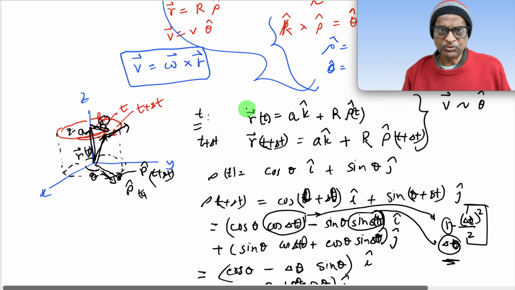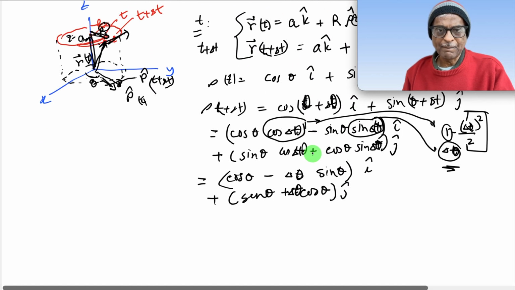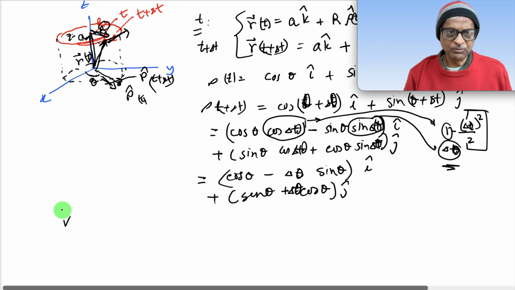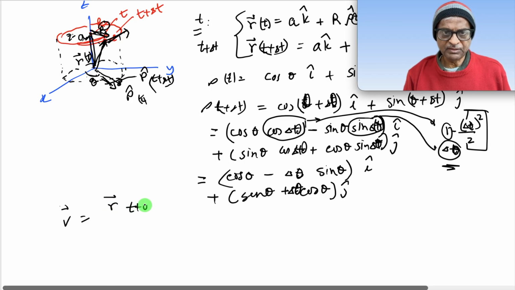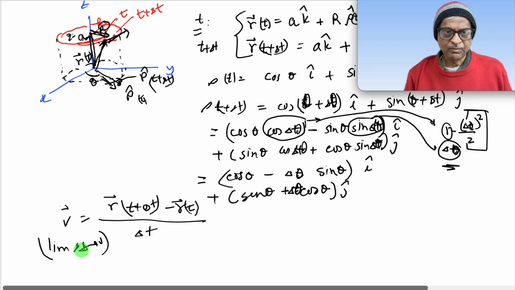Now when you subtract this to get v, the vector v will be r at t plus delta t minus r at t divided by delta t, and then you take the limit delta t goes to 0. That's going to be very simple.